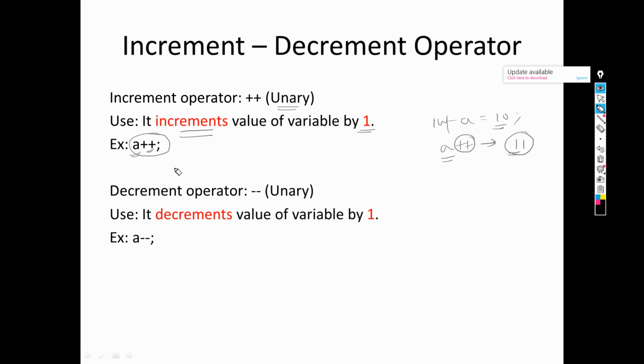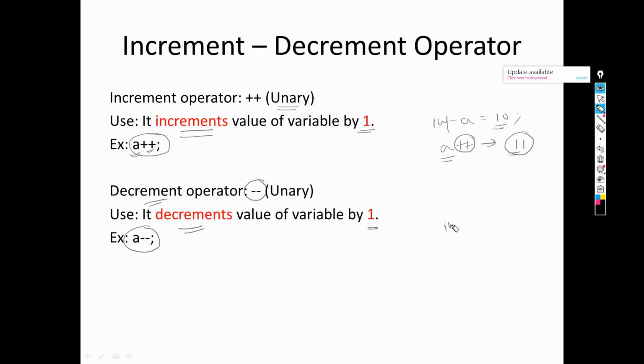In the same way, the second operator is the decrement operator. Again it is unary type, and the symbol we will be using is two minus signs to denote that this is the decrement operator. What it does is decrement the value by 1, and we can write it like this: a minus minus.